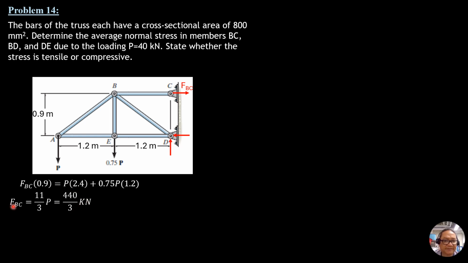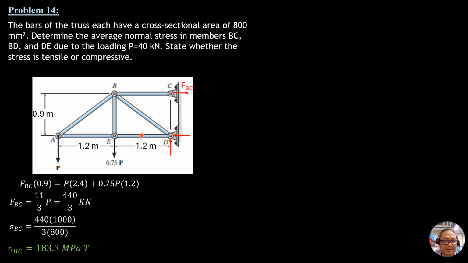Stress in BC therefore is force over area, which is 800. So force 440 times 1000 over 3 times 800. So stress in BC is 183.5 megapascals tension. Then for the stress in BD, BD is this.